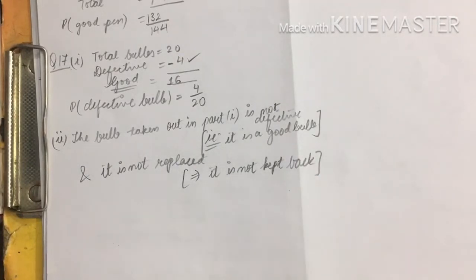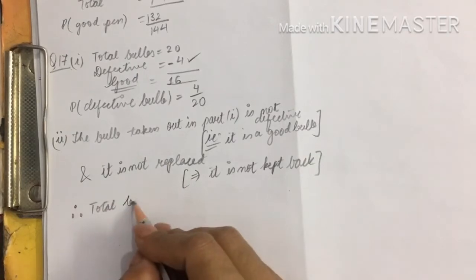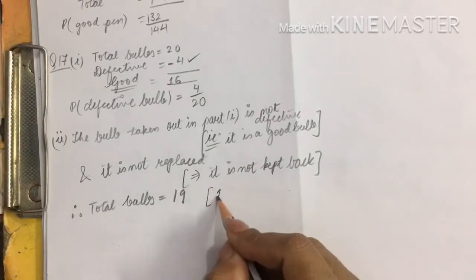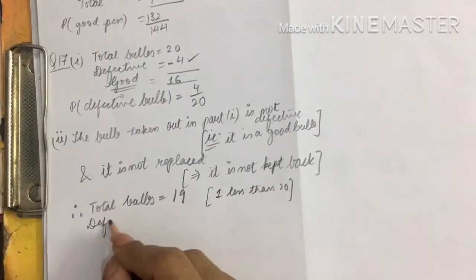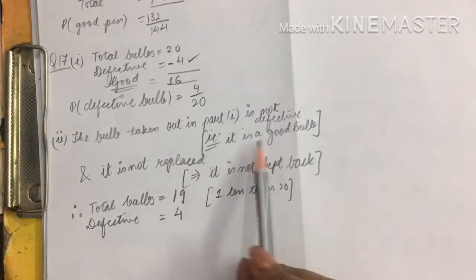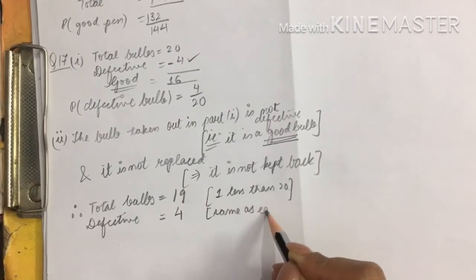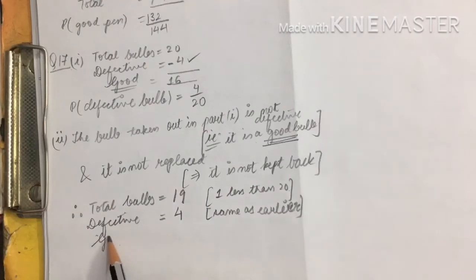It has not been put back in the lot. It is now out of the lot, separated from the lot. Therefore, total bulbs will now be 19, one less. Defective bulbs are still 4 because the bulb which is removed is a good bulb. And the good bulbs are now 15.